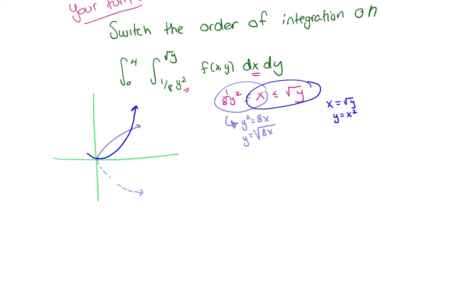Let's find the intersection points between these two curves to make sure that we made a graph that makes sense. I can do it either way. Maybe I want to do it here. They were both x equals, so I can set the y's equal because they were both equal to x to begin with. Square both sides.